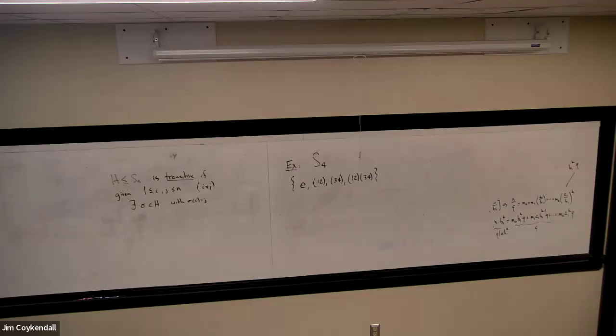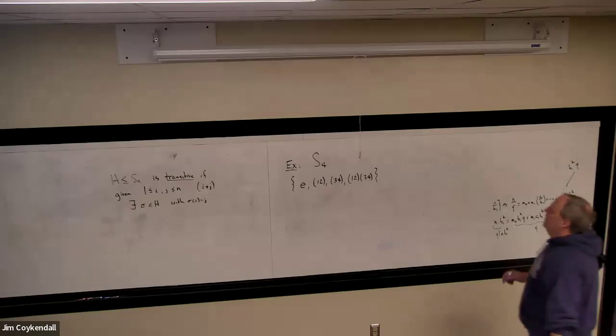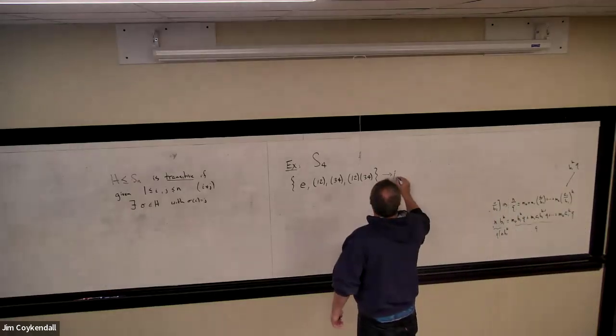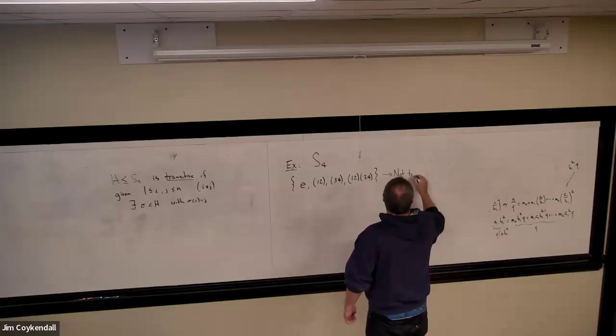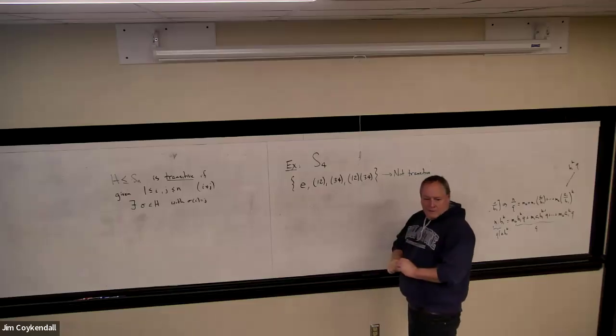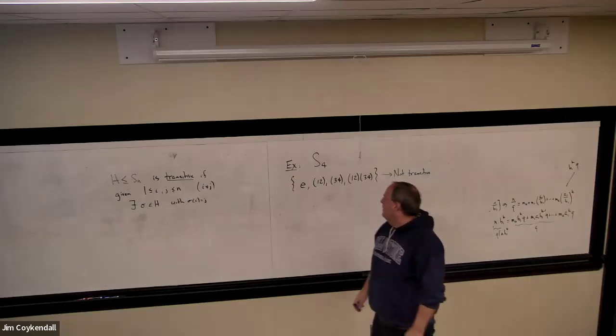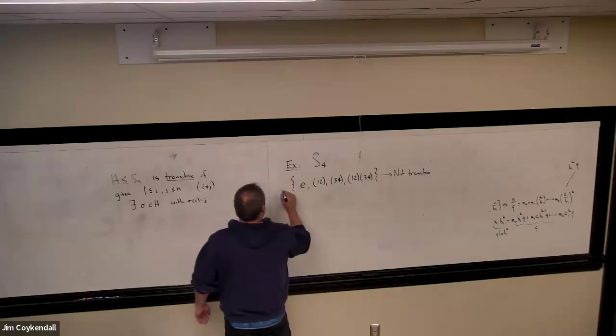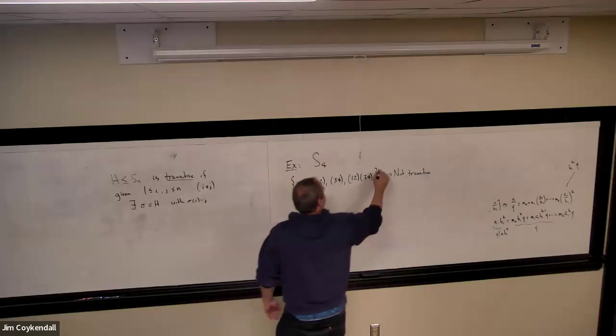Because (1 2) times (3 4) is (1 2)(3 4). This is abelian. It's actually isomorphic to Z2 x Z2. It is not transitive, because there's no way to take 1 to 3, for example.